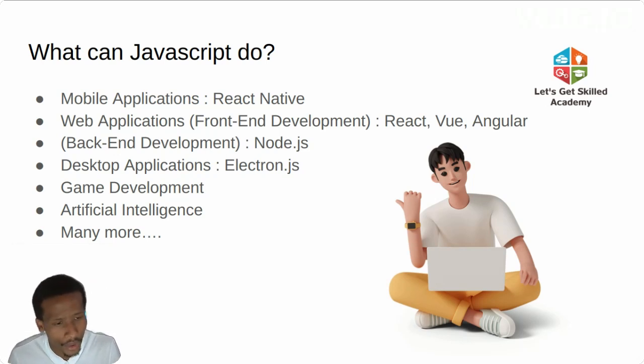Let's say for mobile applications, we use React Native, or let's say we wanna rapidly develop front end development, which we're going to be using React, that is developed by Facebook, Vue, Angular. For the backend, we use Node.js. Desktop applications will use Electron JS. Game development, AI. There's many more frameworks that we can use for that.